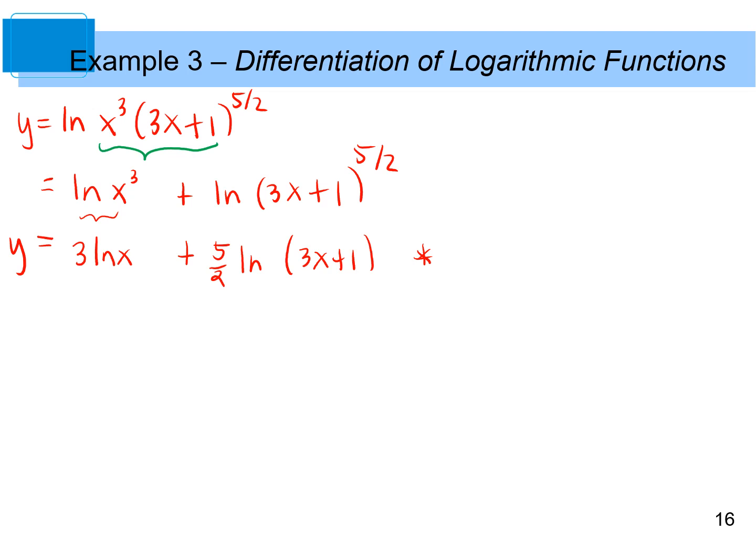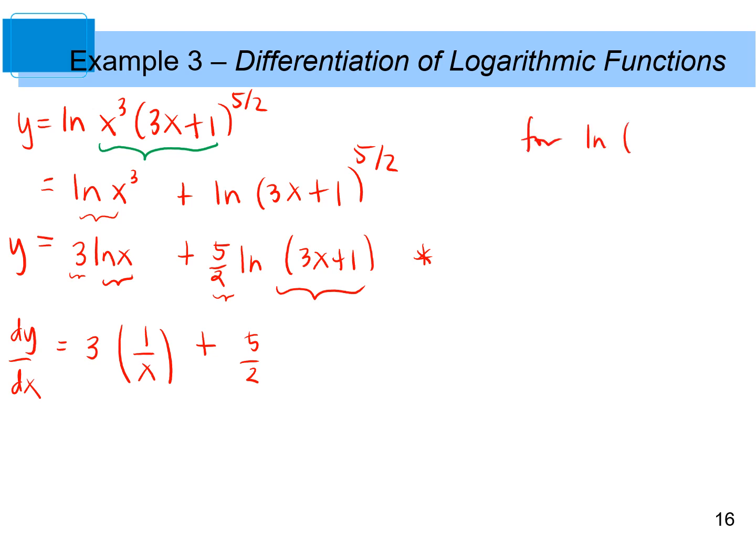Now we proceed with getting the derivative. So we have dy over dx. Remember that we only copy coefficients. So we just copy 3 and we multiply it with the derivative of ln of x, which is 1 over x. Plus, for the next term, we just copy again the coefficient, 5 over 2, and we multiply with the derivative of ln of (3x plus 1). For ln of (3x plus 1), we can consider u to be 3x plus 1, and then u prime is 3.